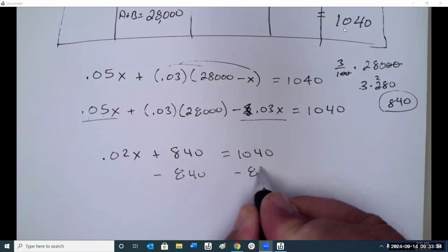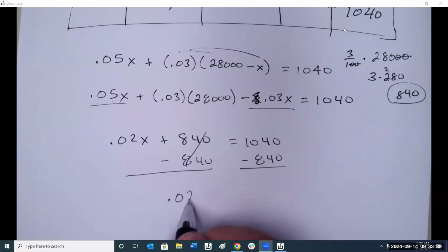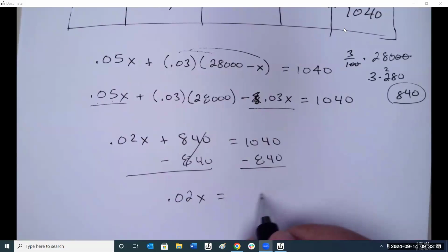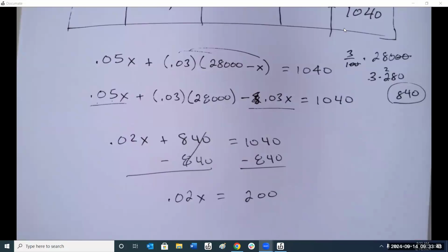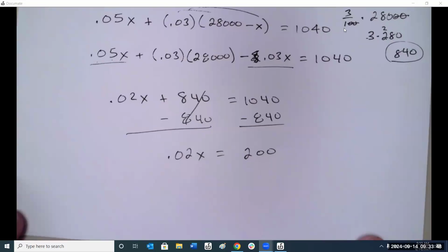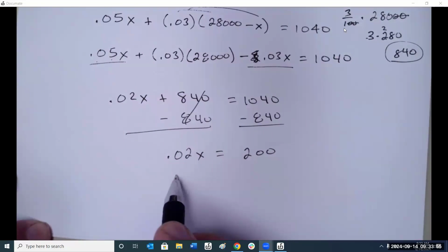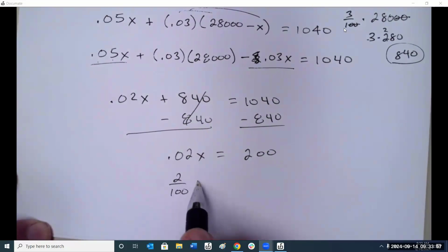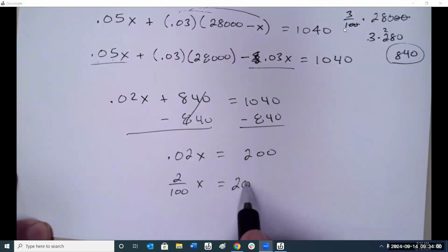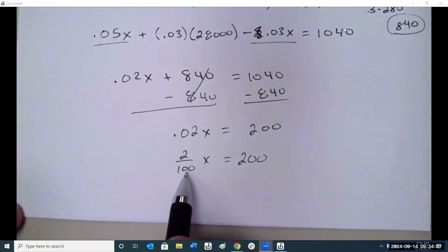Subtract the 840 from both sides. 0.02x equals 200. Remember, 0.02 is the same thing as 2 over 100. Well, how do we get rid of the 100 on the bottom?